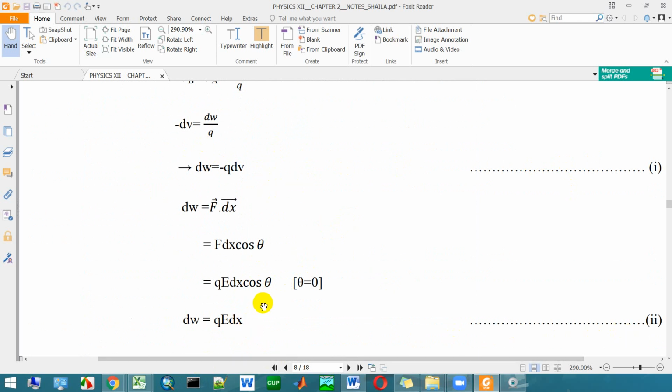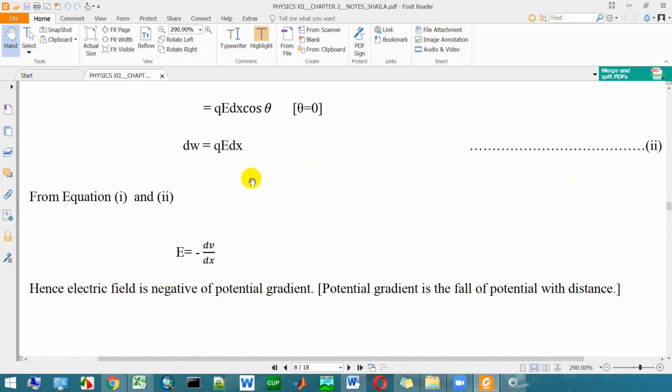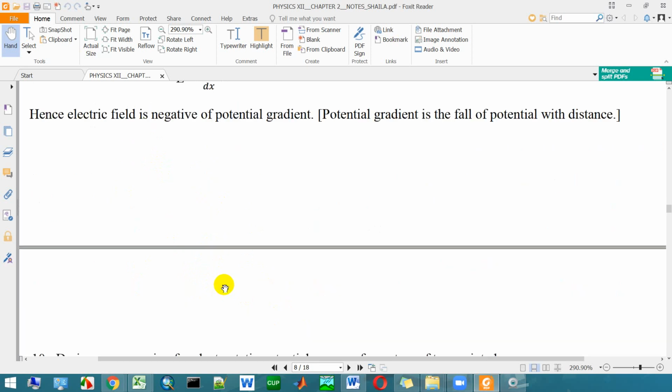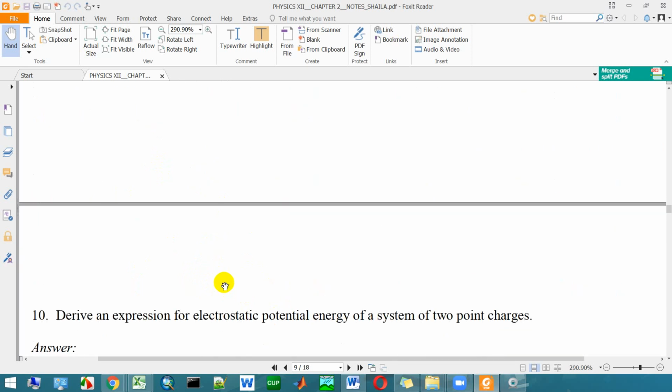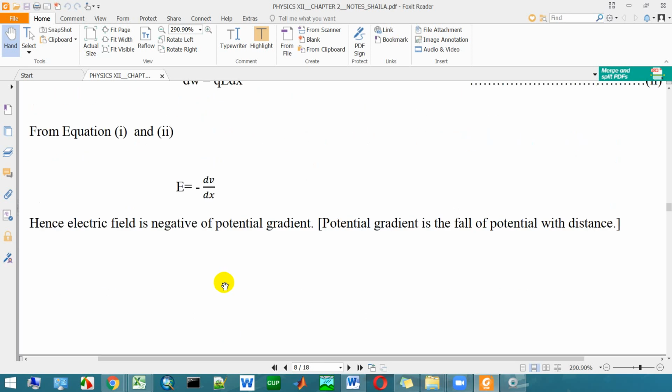So from equations 1 and 2, one more very important formula for electric field comes out, equal to minus dV by dx. Fall of potential with distance is known as potential gradient. So one more unit for electric field is volt per meter.